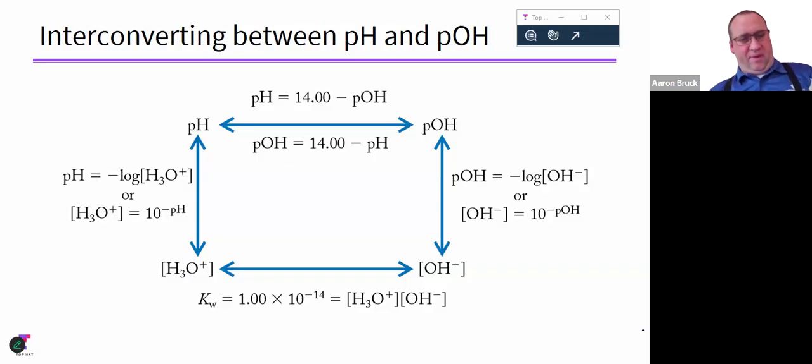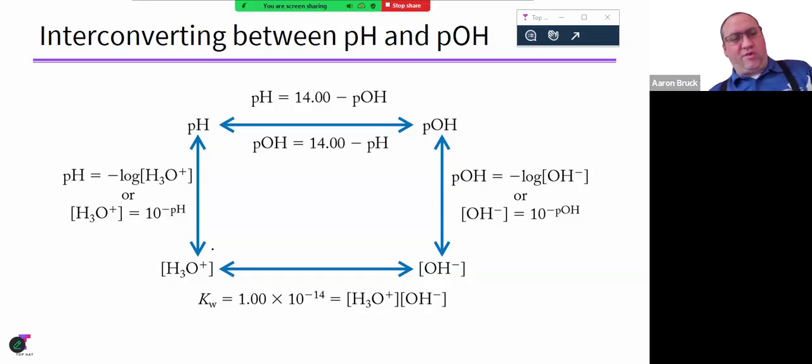So for example, if I know the hydronium concentration and I want to figure out the hydroxide concentration, I can use the Kw equilibrium expression to figure out whatever's missing.